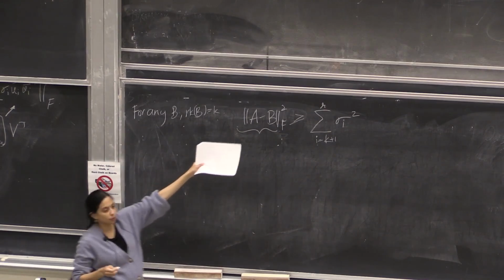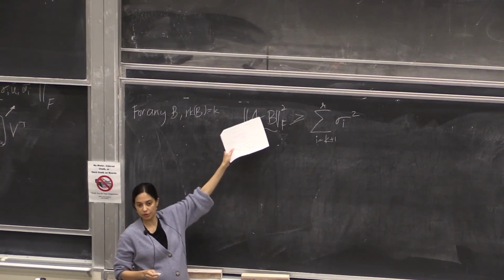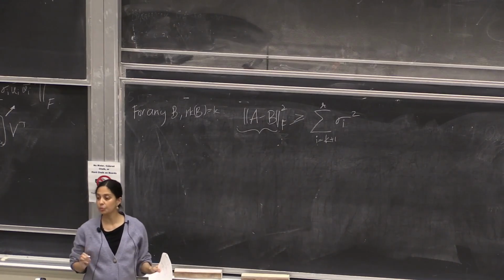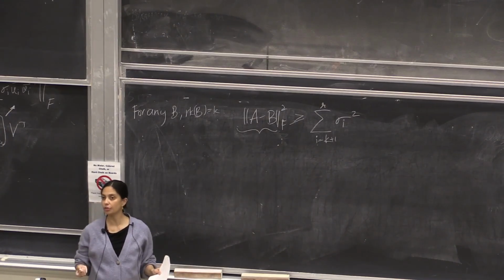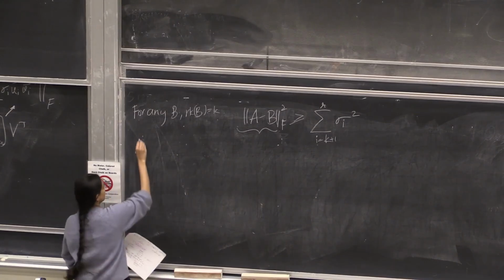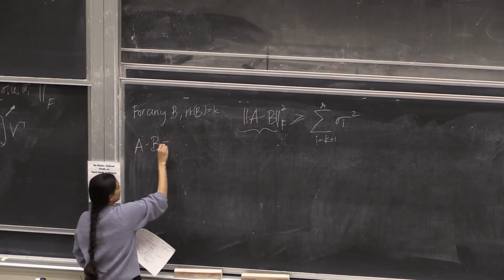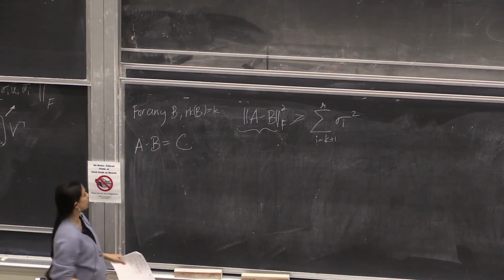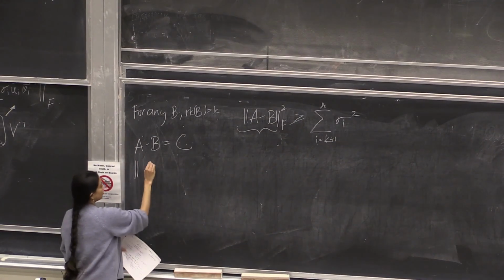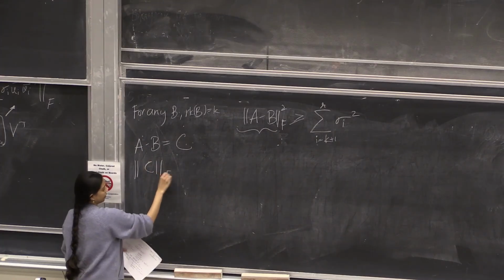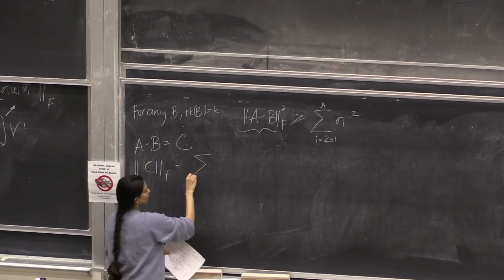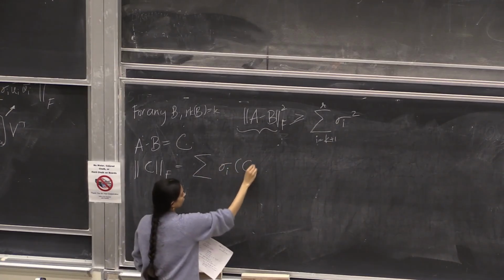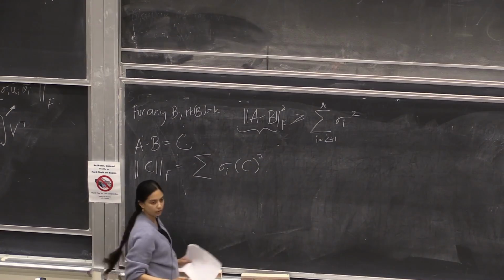When I think about the Frobenius norm squared of this matrix here, I can think about it in terms of the singular values of that matrix itself. So for example, if I set A minus B equal to some matrix C, I can think about the Frobenius norm of matrix C as equal to the sum of the singular values of C squared, right?